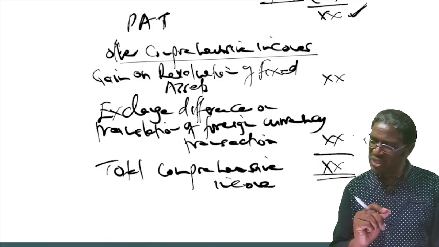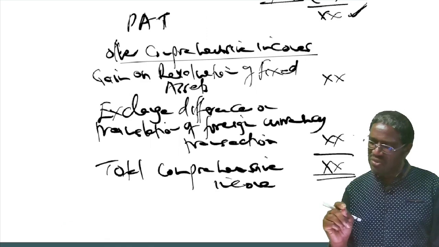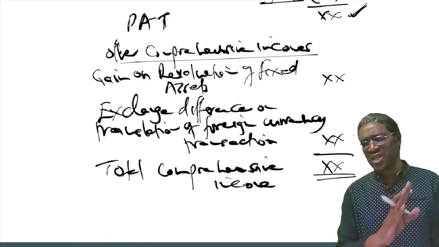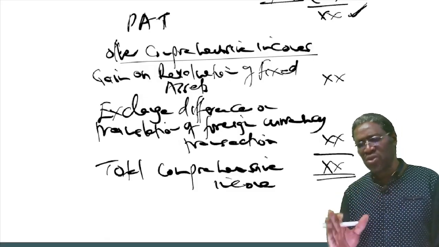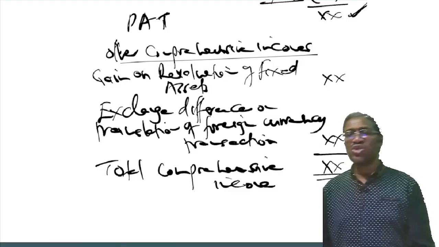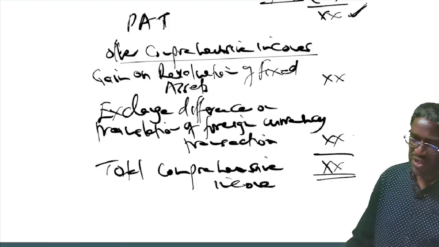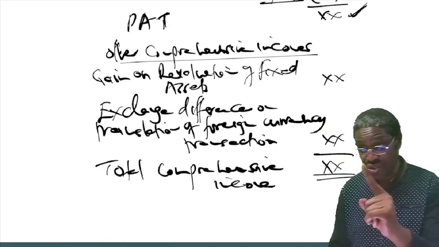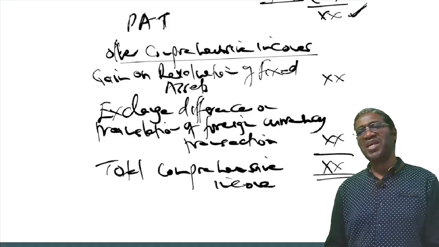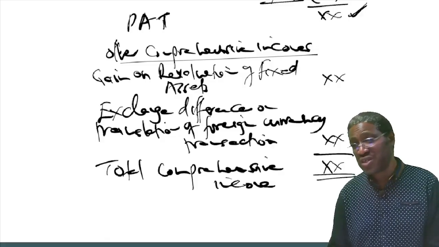If the question said, prepare an income statement and other comprehensive income, or what they could call statement of profit or loss and other comprehensive income, then you show the other comprehensive incomes as per the question. I've only given two examples. One could be the gain on revaluation of fixed asset.